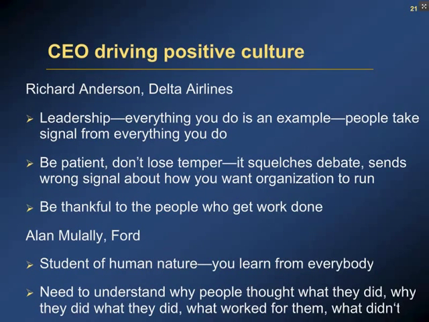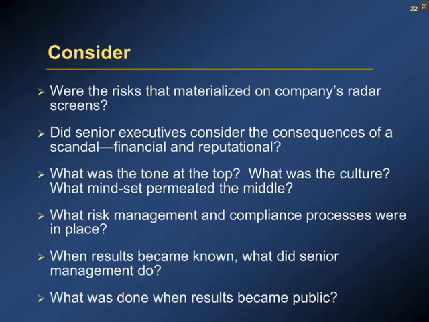I apologize. What helps in terms of considering what needs to be done when an event happens, when a compliance failure occurs? What is very important to ask yourself is, were these risks that came about really on the company's radar screen in advance?